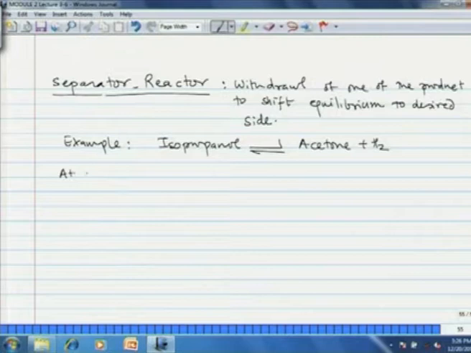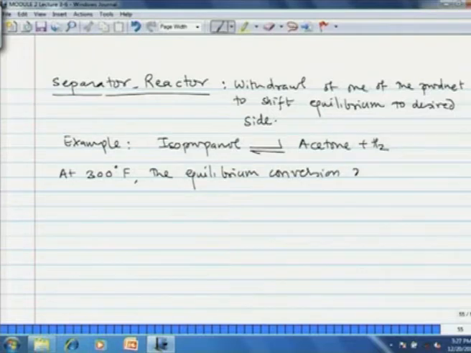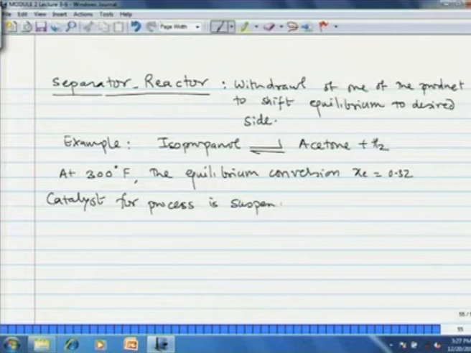At 300 degrees Fahrenheit, the equilibrium conversion of this process is quite small, about 32%. Now, what is done is that the catalyst for the process is suspended in a high boiling solvent by means of mechanical stirring.